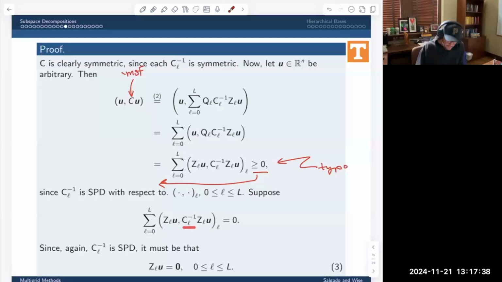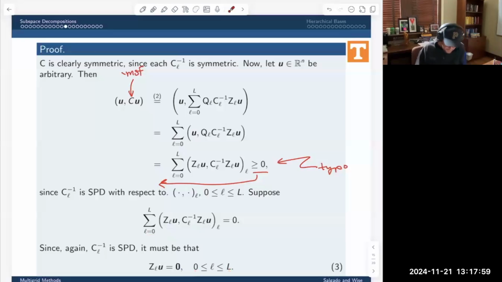But C_L inverse is SPD, and the only way that can happen is if each one of these vectors contained in here has to be equal to 0. Okay, so this assumption leads to this result. Z_L U is equal to 0 for each L between 0 and capital L.